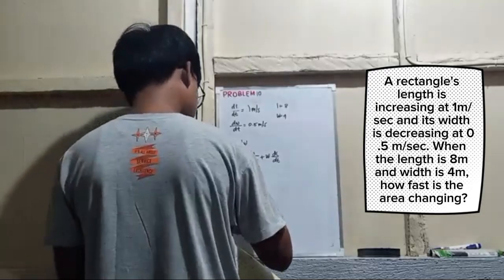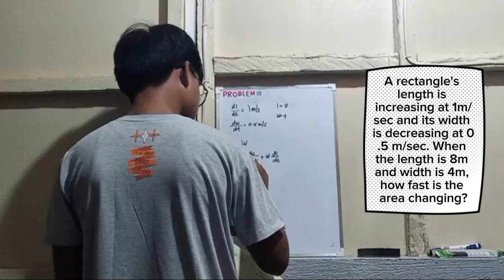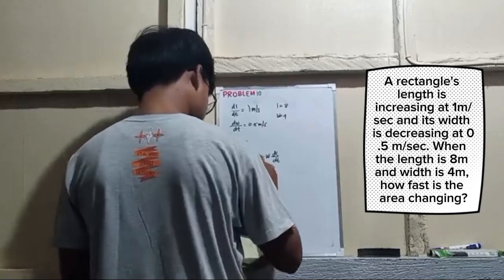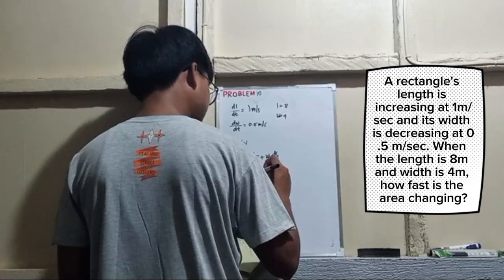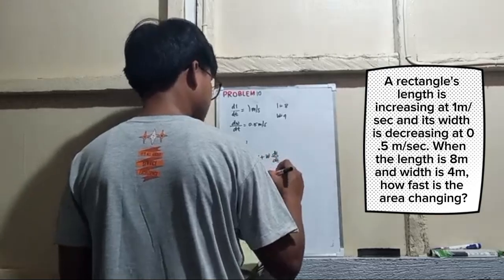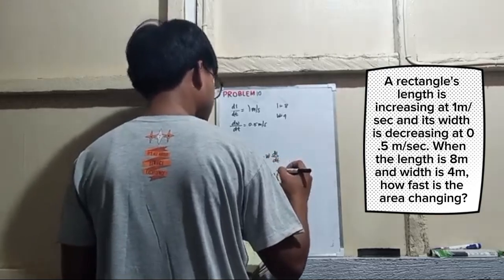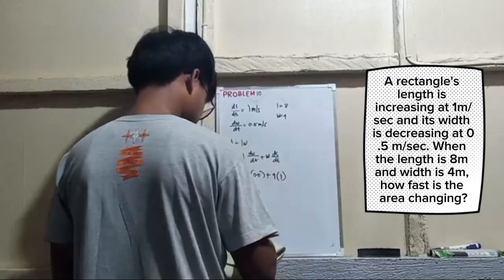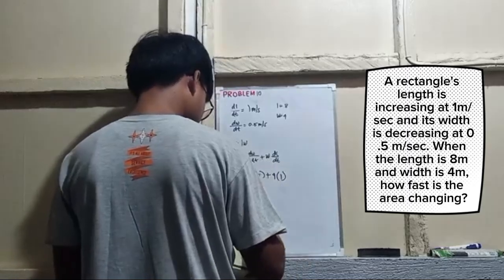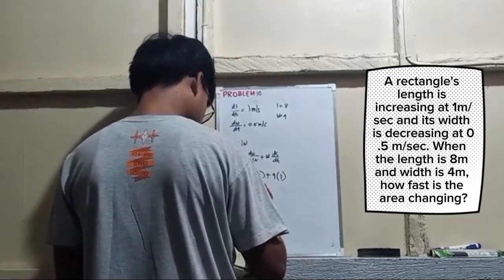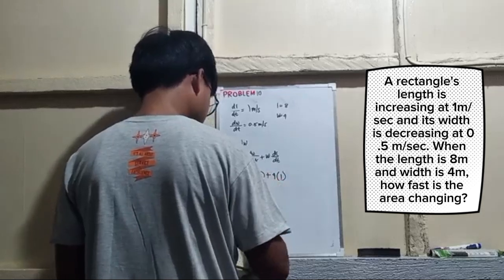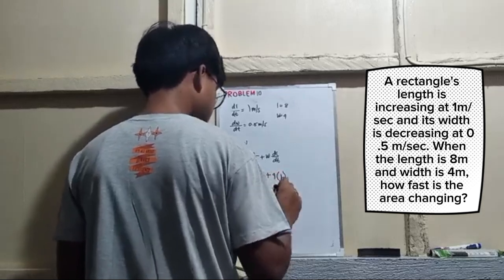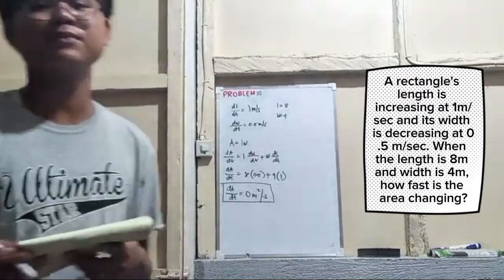So, dA over dt, then our L is 8, our dW over dt is equal to 0.5, our W is 4, and our dL over dt is 1. So solve, we will get the value of 0 meter squared per second. The final answer is 0 meter squared per second.